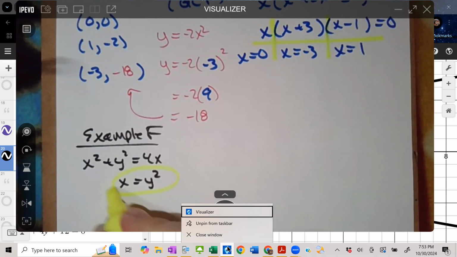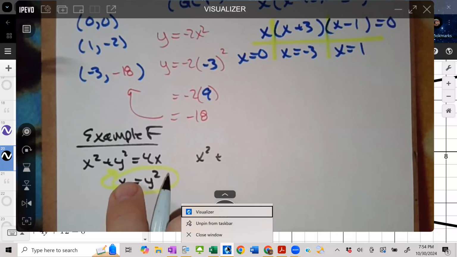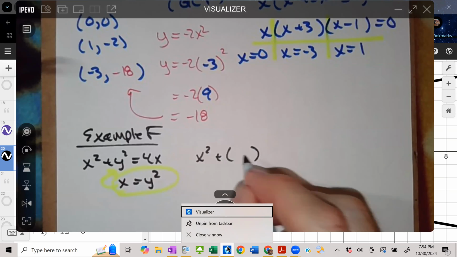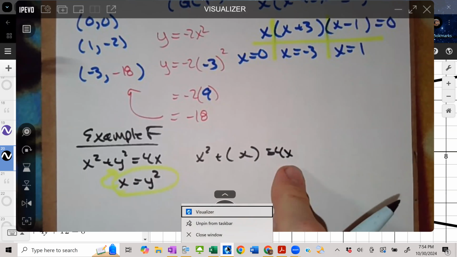This one seems like it's screaming out for substitution, just kind of like the last one. You've got x equals y squared. So I can just plug that in here. That y squared gets replaced by an x. So if I make that substitution, I get x squared plus x equals 4x. I'll move this to the other side.